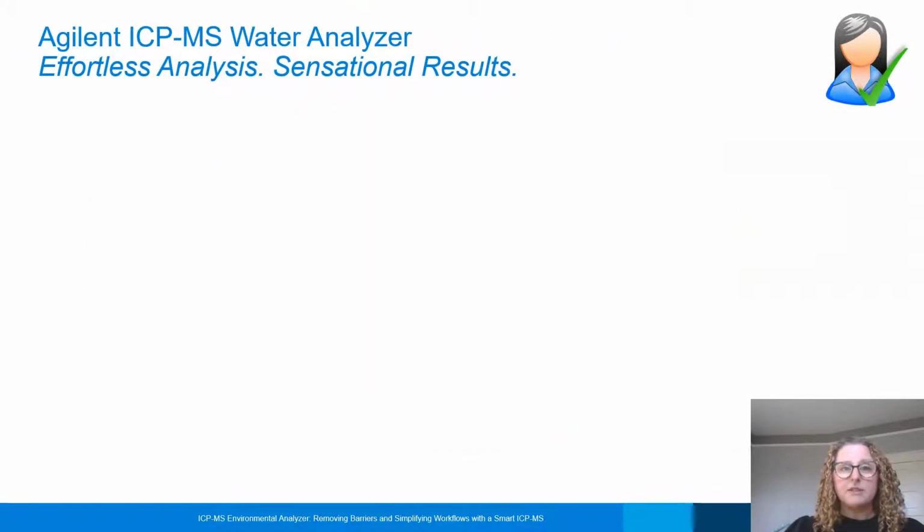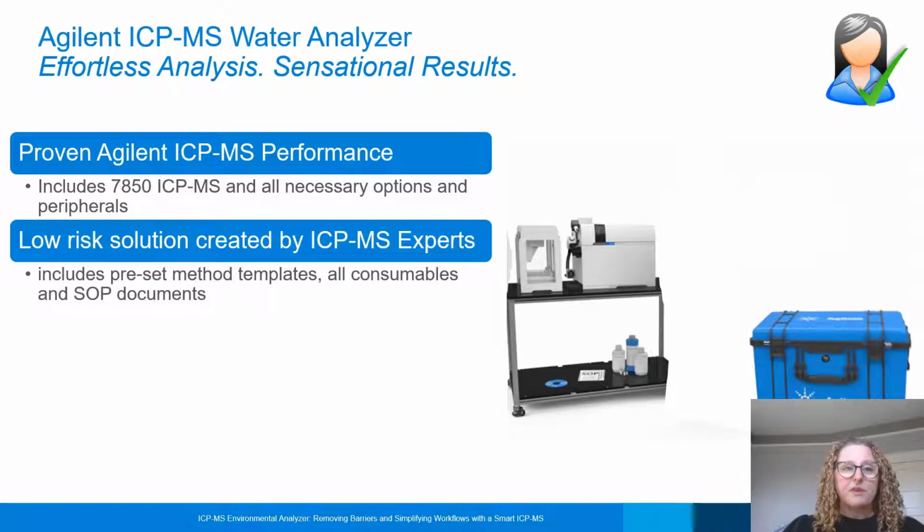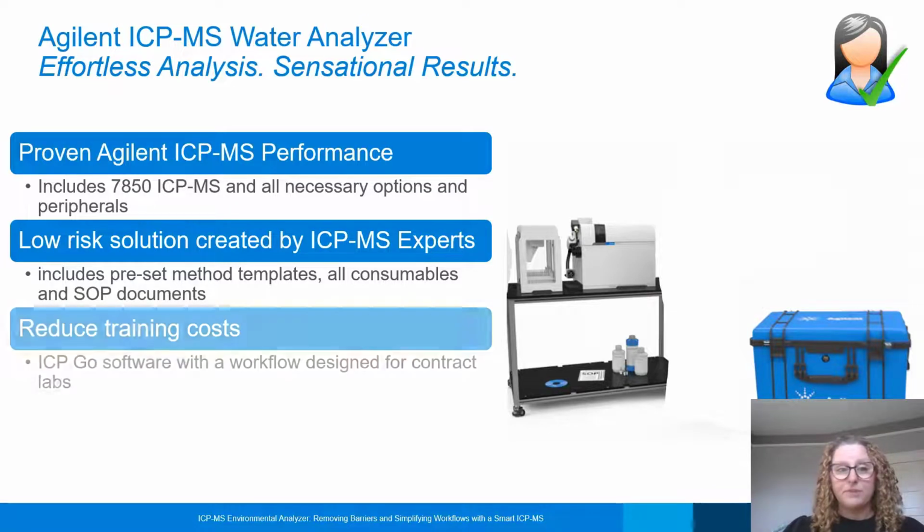With this, you would get your 7850 ICP-MS and all the necessary options and supplies that you need. This is a very low-risk solution because it's being created by the Agilent ICP-MS experts. It includes preset method templates, all consumables, and SOP documents already done for you.